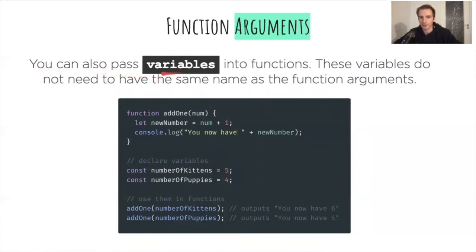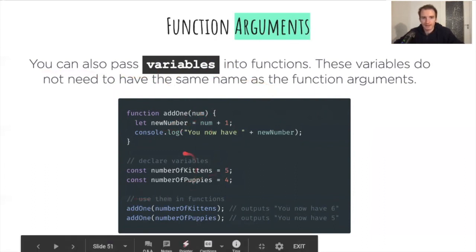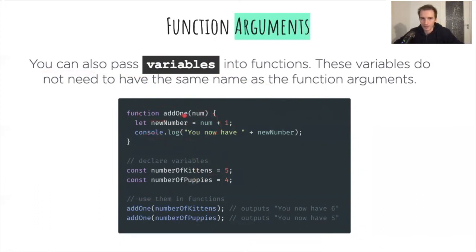So it turns out that you can also pass variables into functions. It doesn't necessarily have to have the same name as the argument. So in this case, we have this add1 function. It takes a number. We make a new number, which is just that number plus 1. And then we're console logging, okay, you now have whatever the new number is, the number plus 1.